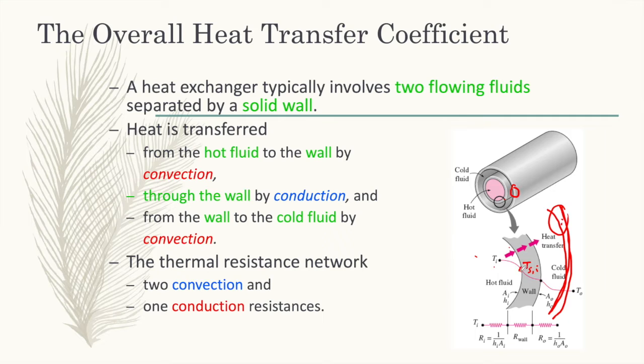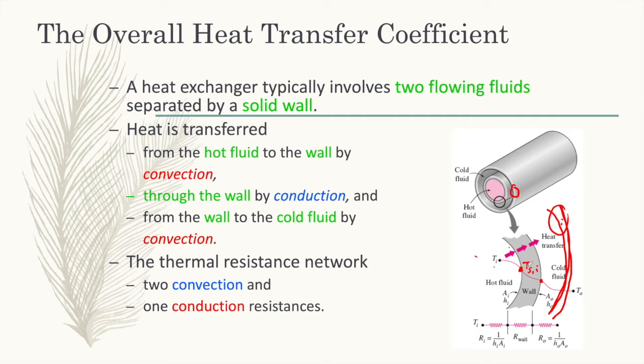Then from this point to this point is the thickness of the inner tube, and the conduction process occurs there. Then from the inner tube wall to the cold fluid, there is a convection process. So we have two convection processes and one conduction process.